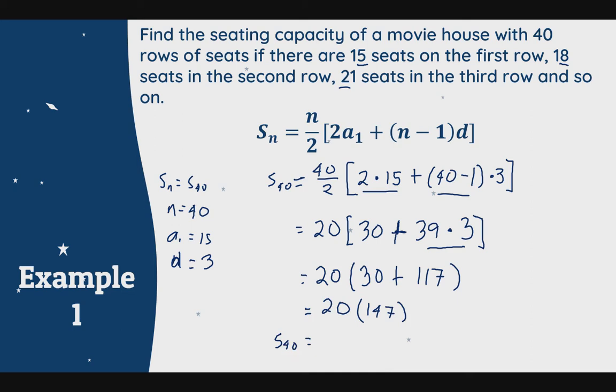The correct answer is 2,940, the seating capacity of the movie house. Again, the seating capacity of the movie house is 2,940. Okay.